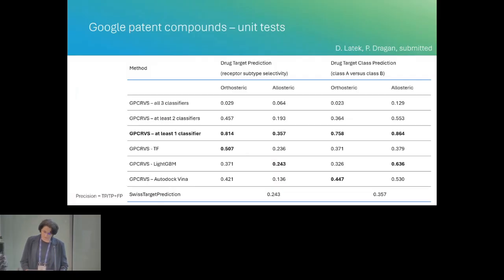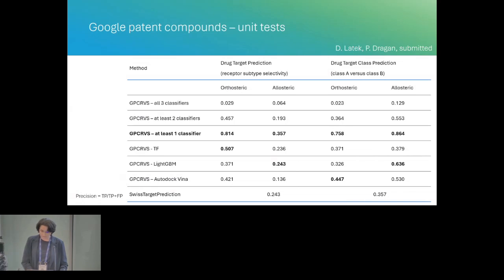These compounds were not included in ChEMBL at the time of testing, and they were also not included in our training datasets, and rather not included in datasets used by the Swiss Target Prediction server. Unfortunately, no allosteric or orthosteric assignment were available for these compounds, but most probably they are orthosteric ligands.